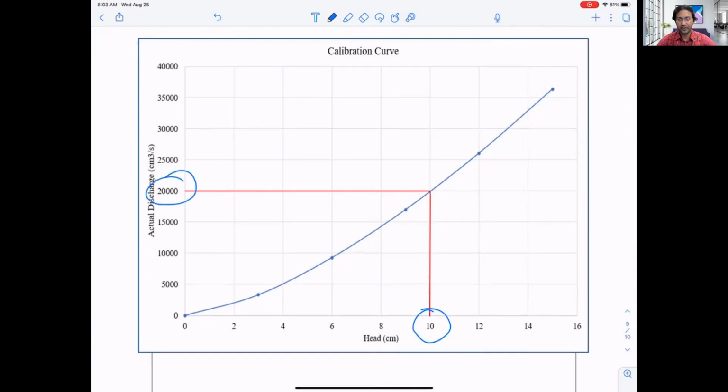He doesn't need to have any calculator, and no one needs anything to get the actual flow rate. So that is the calculation we have to do before making that weir operational. So this is how we can measure the actual flow rate.